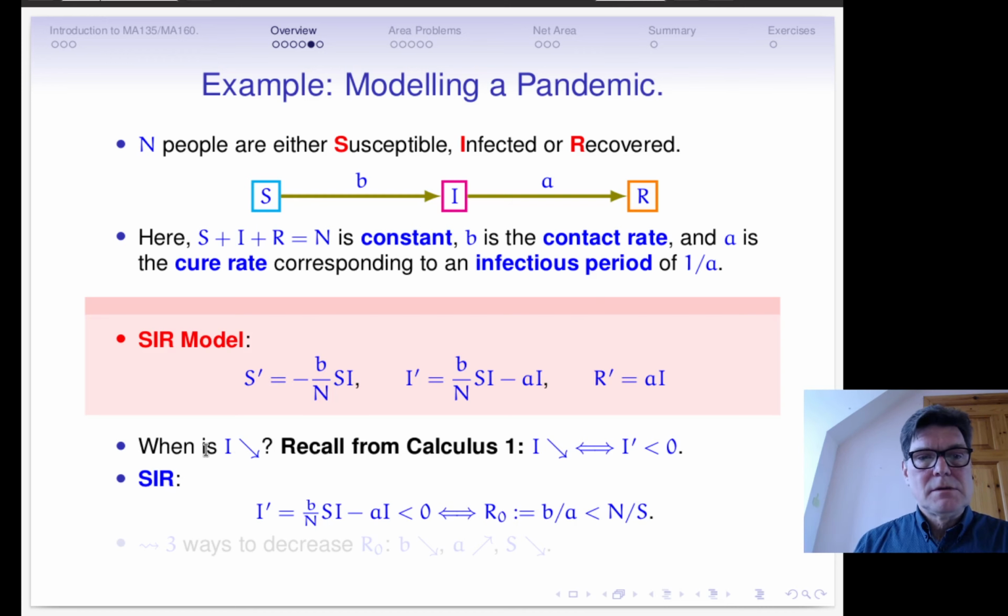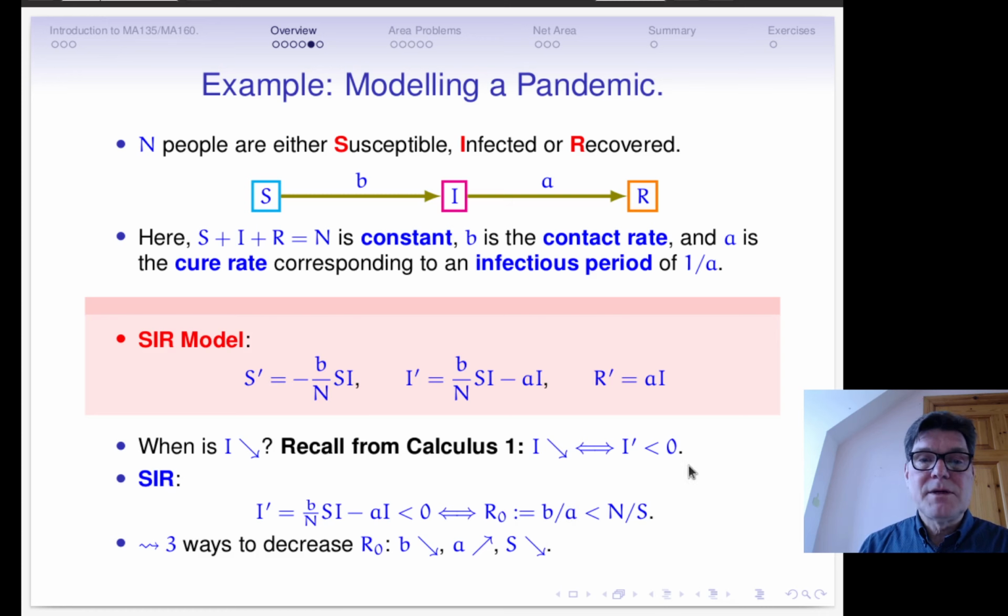So in order to get the number of infected people to decrease, this inequality needs to be satisfied. And so the inequality immediately suggests 3 ways of trying to decrease the I number. Namely, in order to satisfy this inequality, one can try to get the B parameter down, or one could try to get the A parameter up.